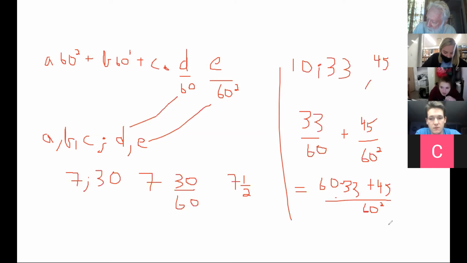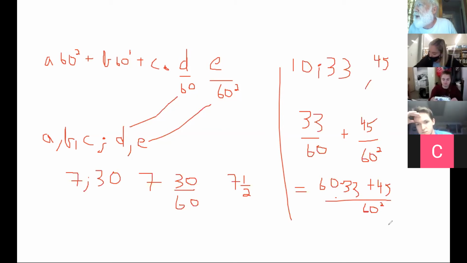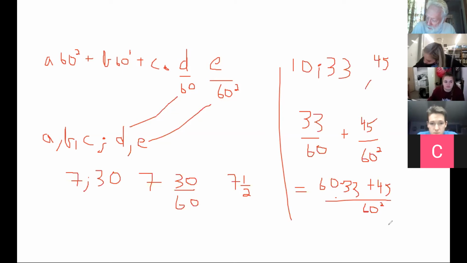Mm-hmm. 3/4 squared. So yeah, that's why they get that. They're squaring 3 1/4, and that's going to be 13.